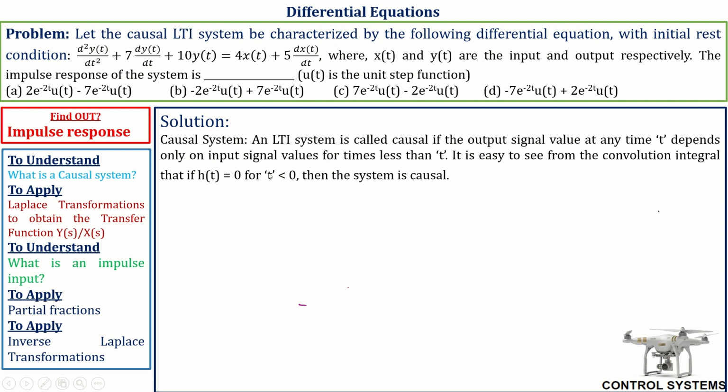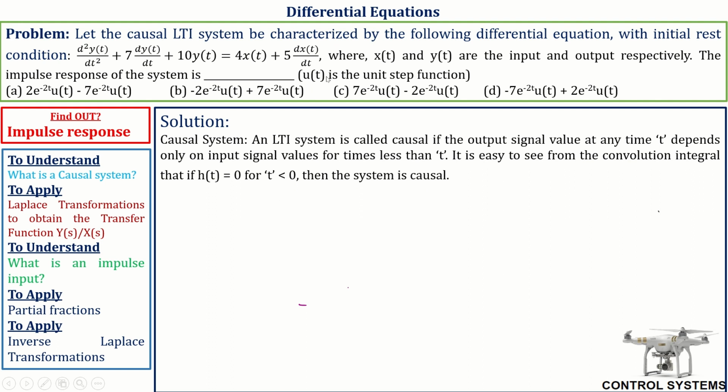Any system whose h of t has a value equal to 0 for all time t less than 0, that is what is given here. When h of t is a given function, and if it is equal to 0 for any value of t less than 0, then the system is causal. Such a system is nothing but a unit step function.